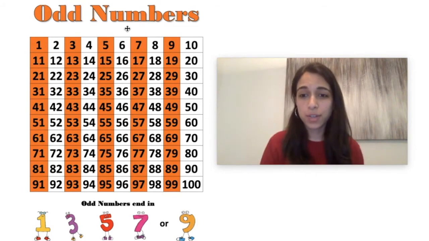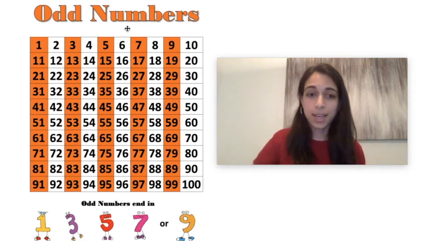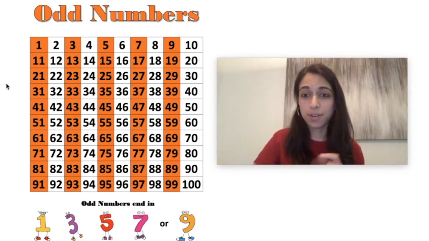So when we're trying to come up with those doubles plus 1 equations, we can think about the number right before it, come up with that doubles fact, and then add just 1 to come up with the doubles plus 1 fact for the odd number. And odd numbers, again, we're focused on the digit in the ones place, are going to have 1, 3, 5, 7, or 9 in the ones place.